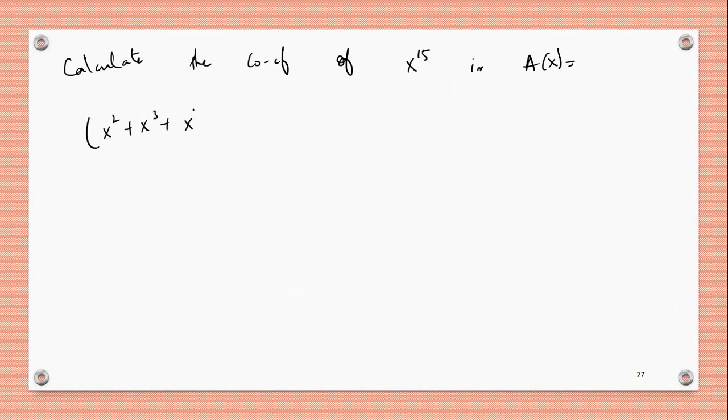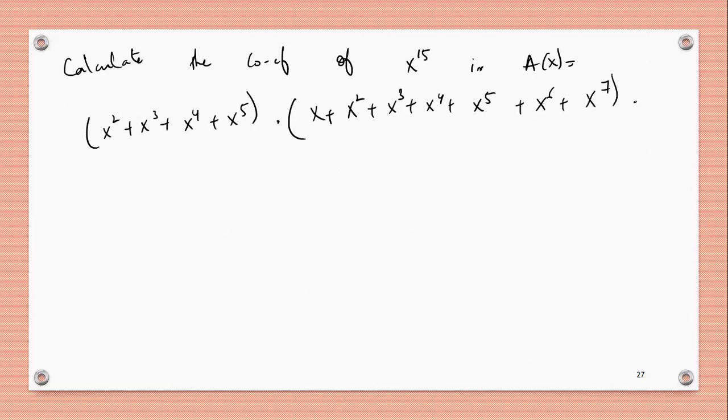We will see another type, which is: calculate the coefficient of x power 15 in A of x equal to (x square plus x cube plus x power 4 plus x power 5) into (x plus x square plus x cube plus x power 4 plus x power 5 plus x power 6 plus x power 7) into (1 plus x square and so on up to x power 15).